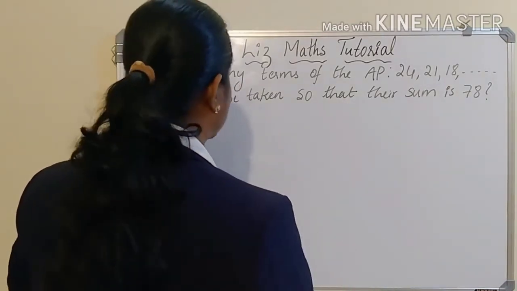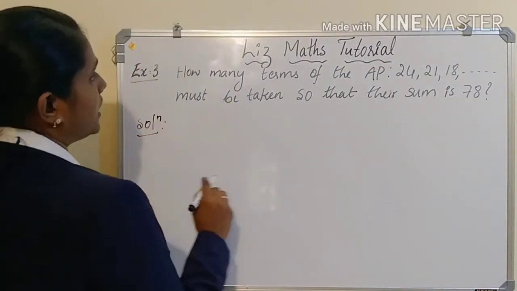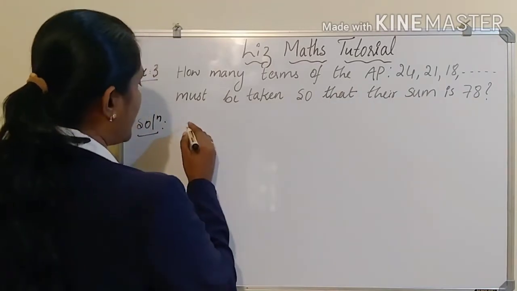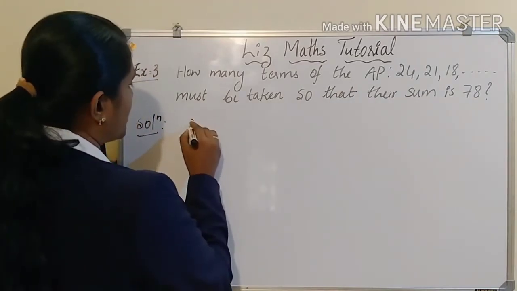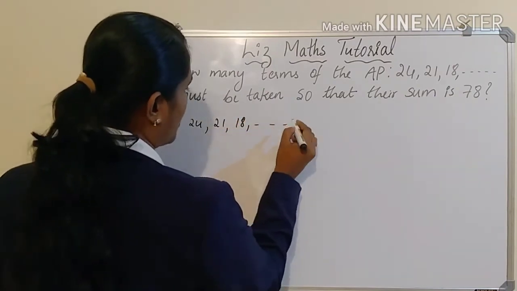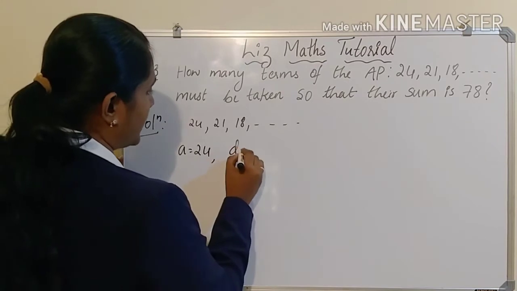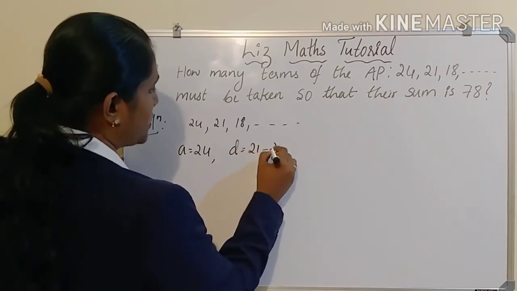How to solve this? See here, what is given? First you write down. They have given the AP. So here the AP is 24, 21, 18 and so on. So A is equal to 24 and D you find out 21 minus 24.